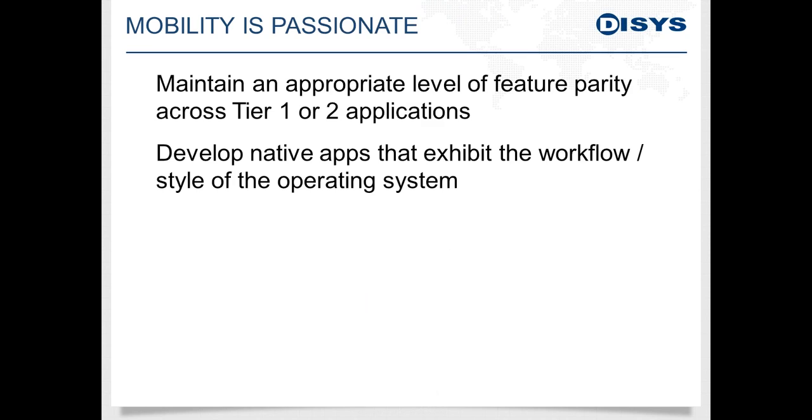By feature parity, I'll give an example. I've long been a big fan of Evernote for collecting data and allowing me to get stuff out of my head and record it digitally. They recently had a feature that launched on the iPhone platform approximately 3 months before the Android platform.